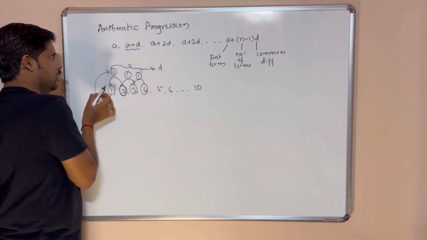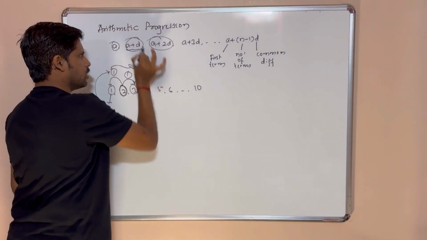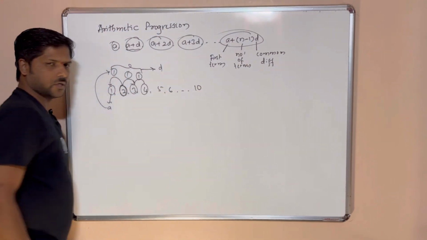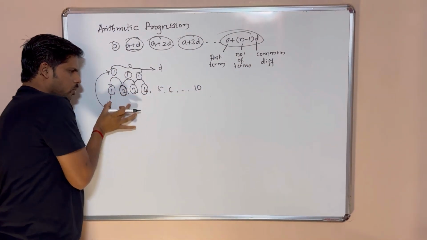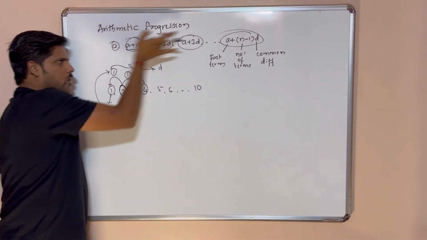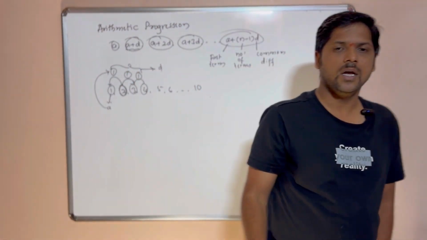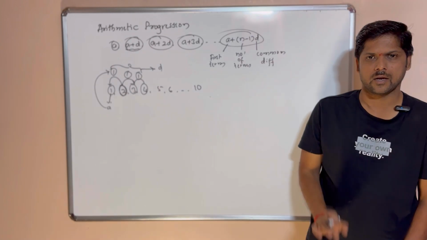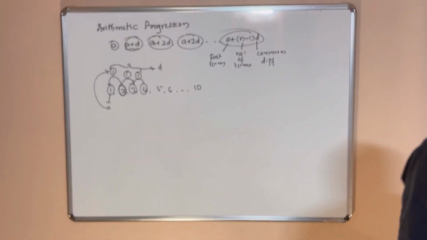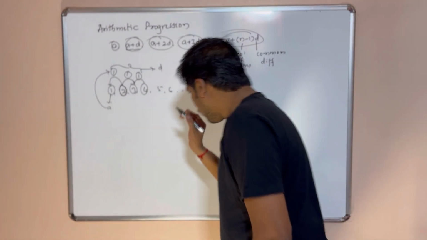Here these are called terms. Here we have 10 numbers, so 10 terms. Here we have n numbers, so n terms. Clear? So important.